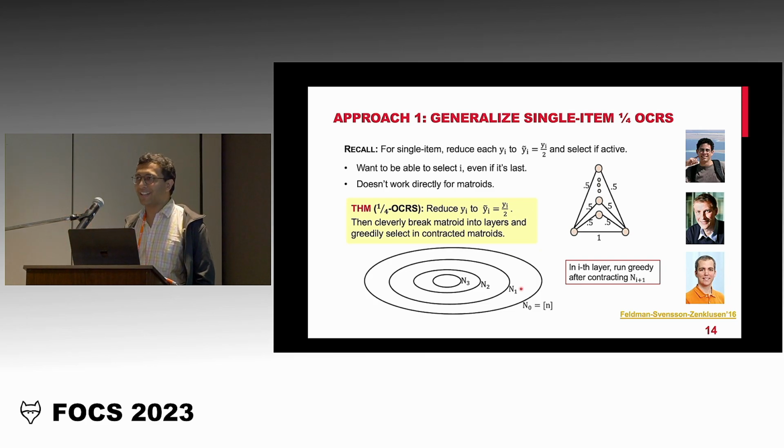In this contracted matroid, I'm just going to be greedy. If an element shows up here, I'm going to take it as long as it's feasible to take it in this contracted matroid. So that's the algorithm: define this layering of all your elements, and then you take an element in the ith layer as long as it's feasible after you contract higher priority elements. And the claim is that this gives you a quarter OCRS.